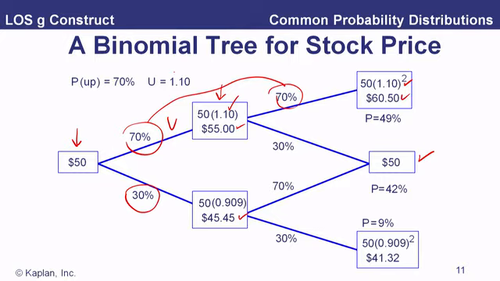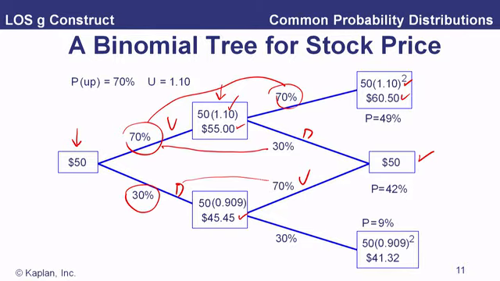Well, there's two ways to get there. There's an up move followed by a down move can get us there, or a down move followed by an up move can get us there. So our probability here is 21%, up followed by a down, and the probability of a down followed by an up, well, that's also 21%.